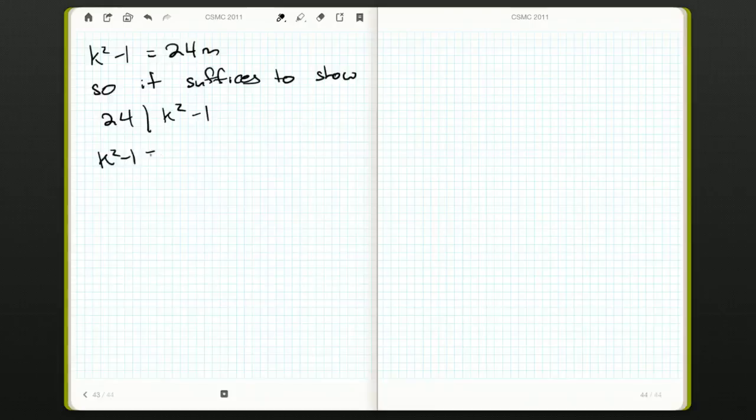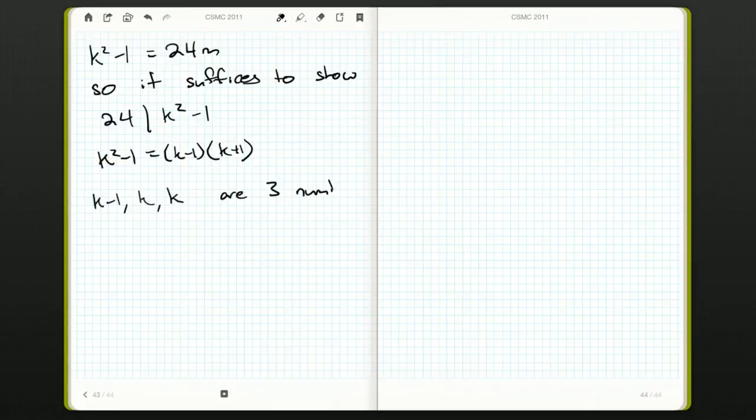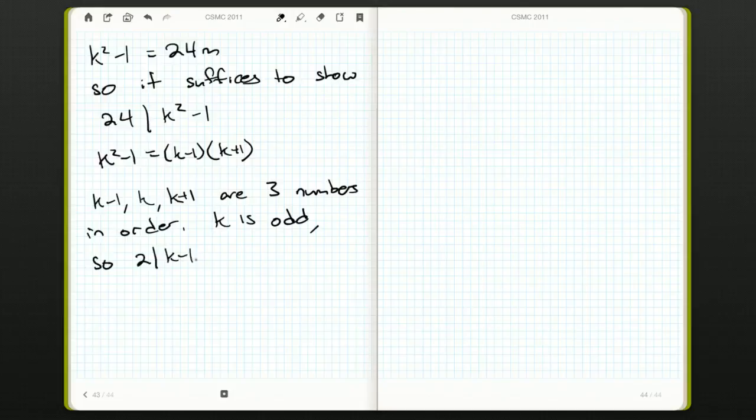K squared minus 1 is k minus 1 times k plus 1. So these are the two numbers around k. K is odd, so we can be assured that 2 divides.